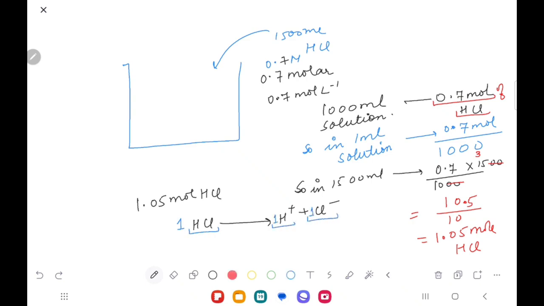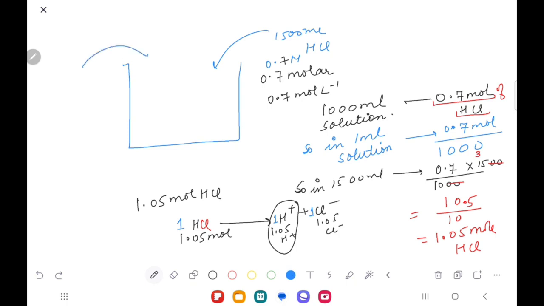Are you understanding? What does that mean? That 1.05 moles of HCl shall give me 1.05 moles of H plus and 1.05 moles of Cl negative. I am concerned with only H plus. Why am I concerned with only H plus? Because I have to calculate the pH.